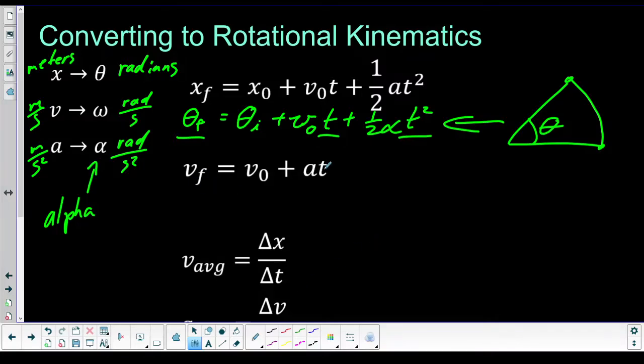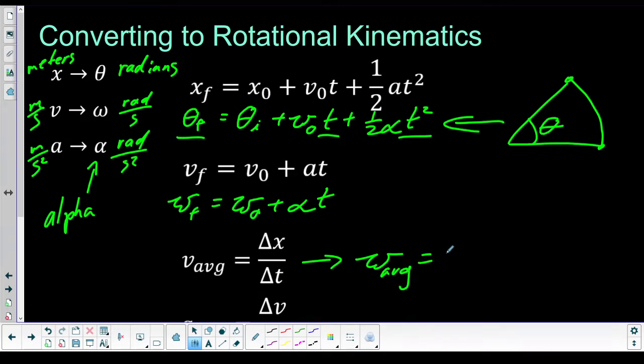Same thing with velocity. You just literally change all the variables into rotating variables, and then you have the new equation. So it's omega final equals omega initial plus alpha t. That's your velocity equation for spinning stuff. Average velocity, same deal. Your average angular velocity is equal to change in angular displacement over change in time.